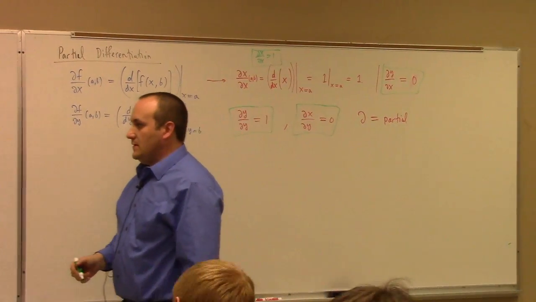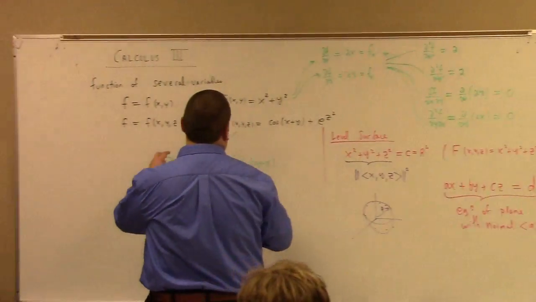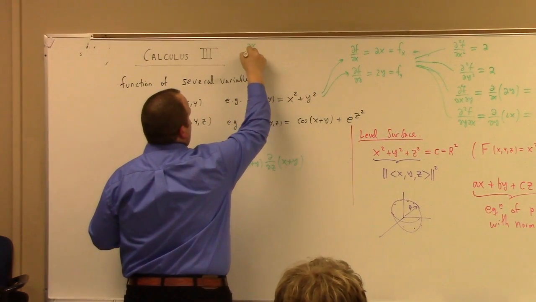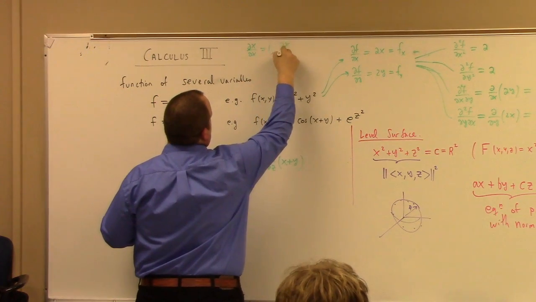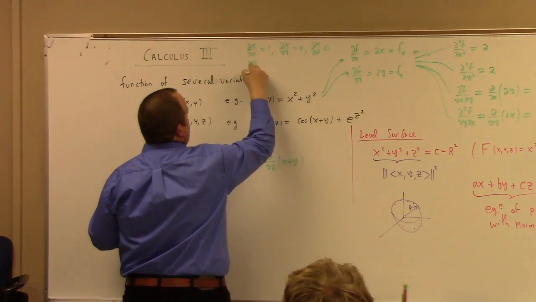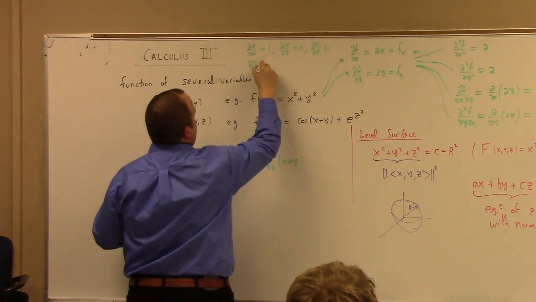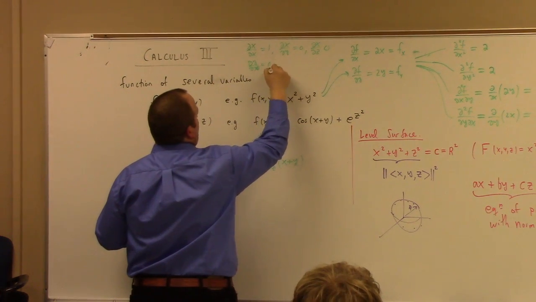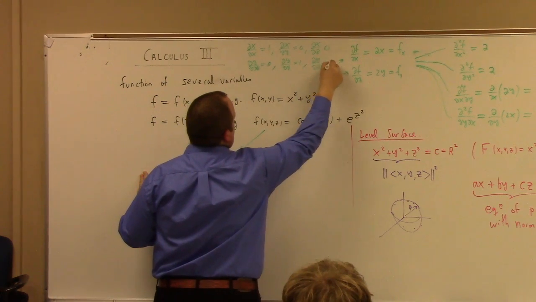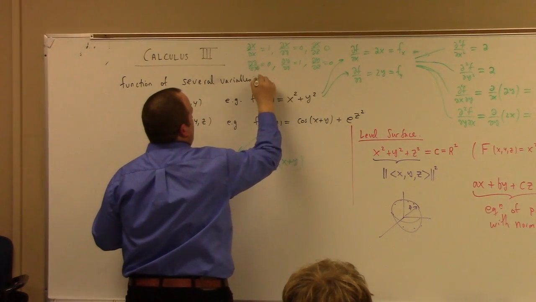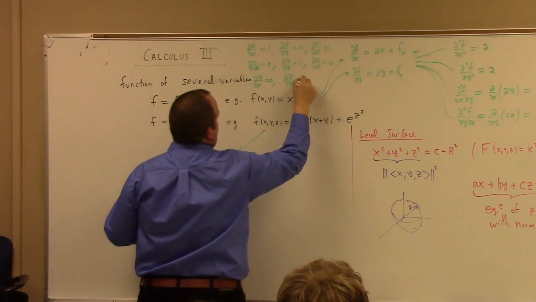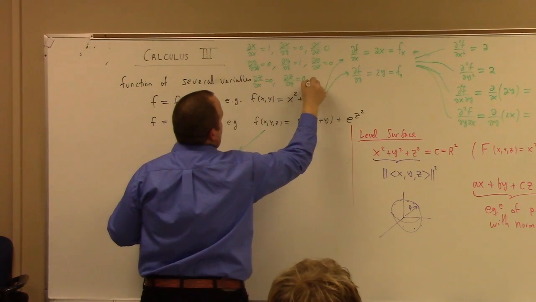And so in 3 variables, there are actually 9 things to think about, right? Like you have partial x, partial x is 1, partial x, partial y, 0, partial x, partial z, 0, partial y, partial x, 0, partial y, partial y, 1, partial y, partial z, 0, partial z, partial x, 0, partial z, partial y, 0, partial z, partial z, 1.